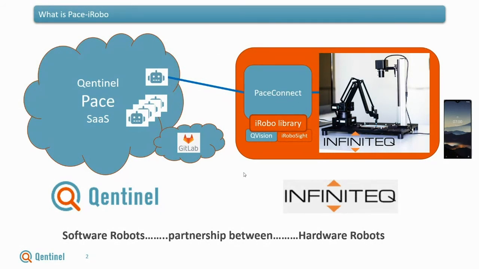So that was our demo. Sorry about a minor issue there, but I hope you got the idea how it works. We used QVision, the same library we use in our other test cases, but there's also the option of the Infinitex OCR engine on the iRobo side.